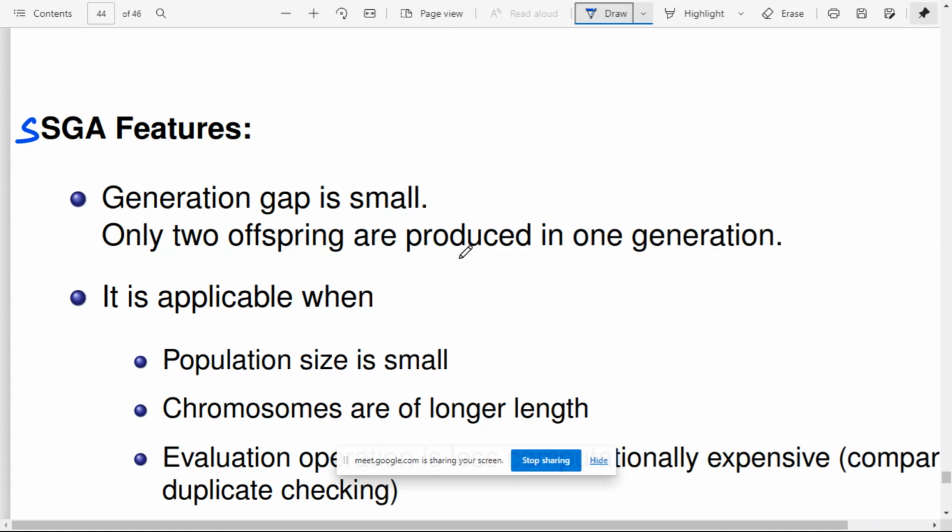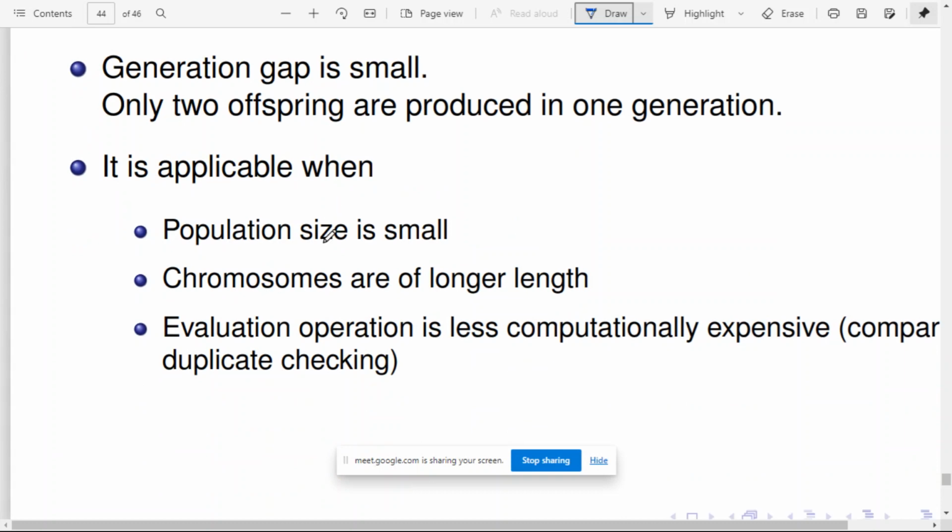Actually, only one offspring is produced in each generation. It is applicable when the population size is small, or when the chromosomes are of longer length. The evaluation operation is less computationally expensive, so it is not as computationally expensive as SGA.